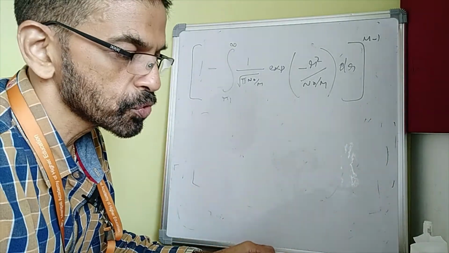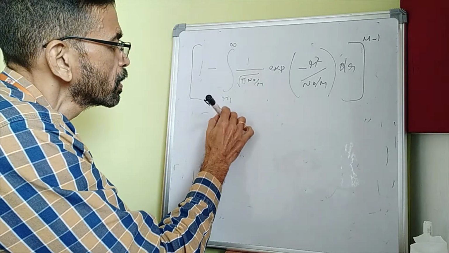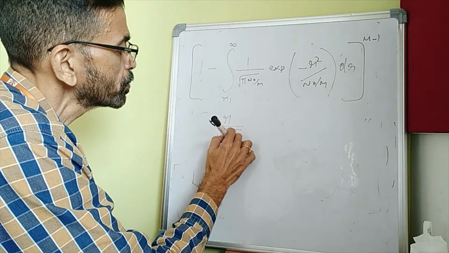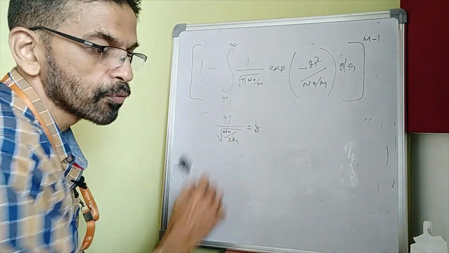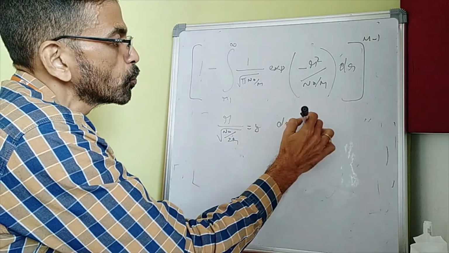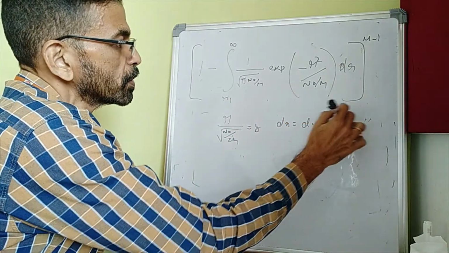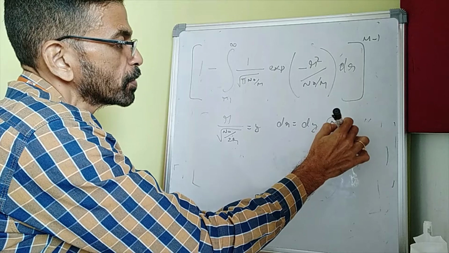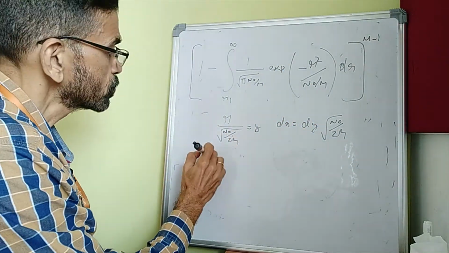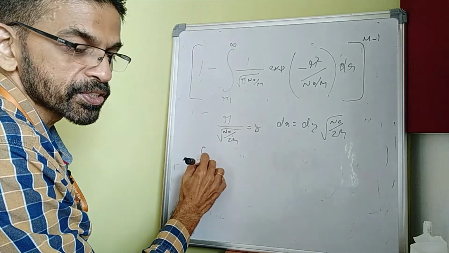make a substitution here. Let r by root n naught by 2m be equal to y. That gives dr equal to dy root n naught by 2m. You make that substitution and we can write this as equal to, I'll skip that step.